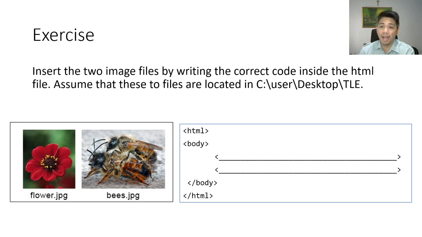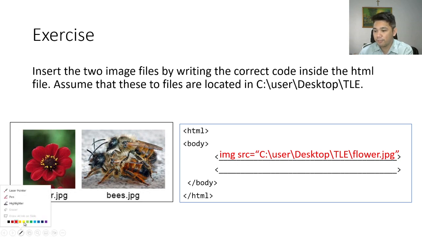As I've said, we have two types of URL, right? We have the relative and we have the absolute. I'll be showing you two different ways of inserting an image using the two URL types. If we are going to use an absolute URL, it would look like this. Image source will get the full path. What's the full path?